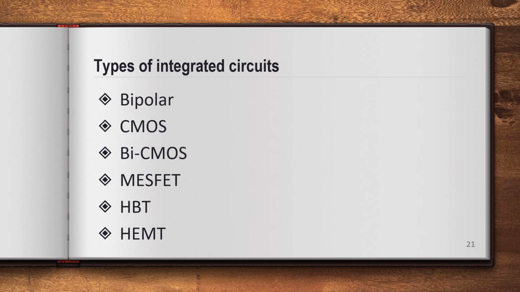In BiCMOS ICs, a combination of BJT and CMOS transistors is used. MESFET, metal semiconductor field effect transistors, are used in MESFET ICs. HBT ICs use heterojunction bipolar transistors. HEMT, high electron mobility transistors, are used in HEMT ICs.